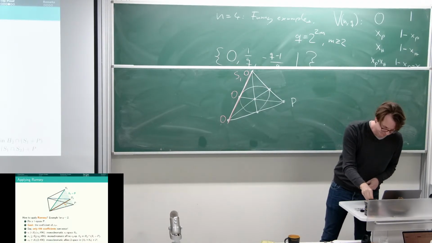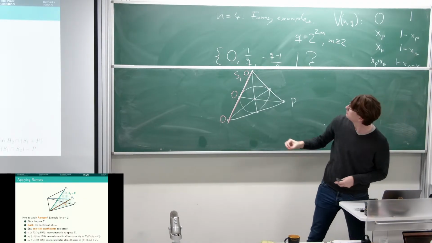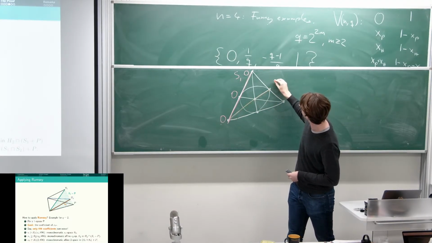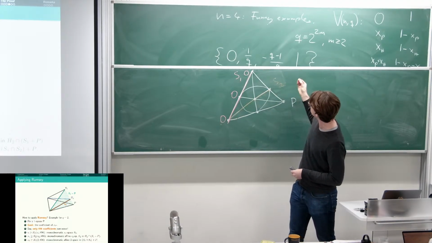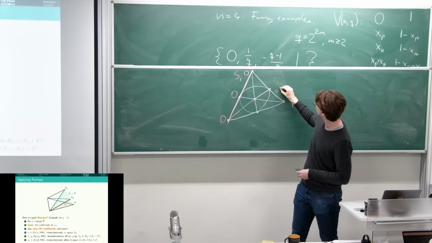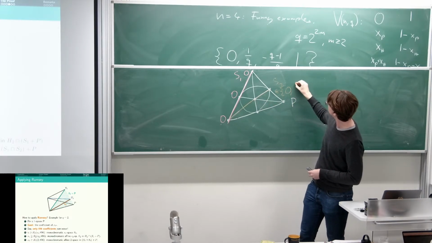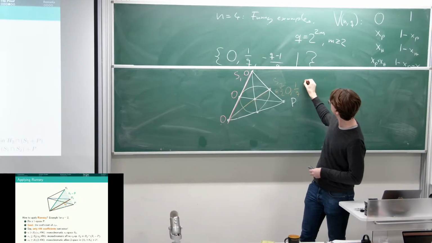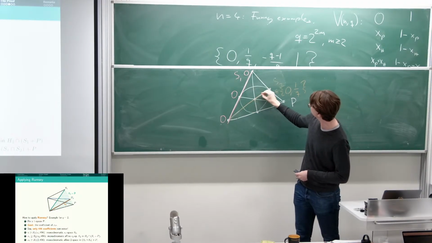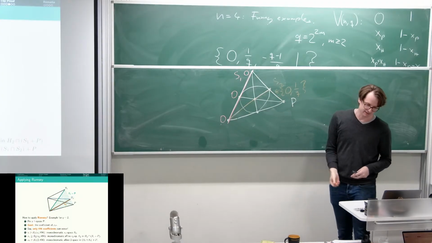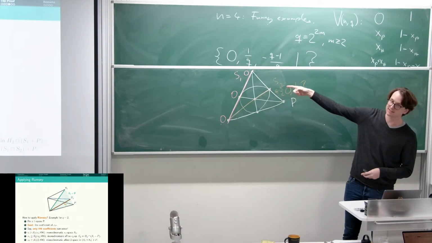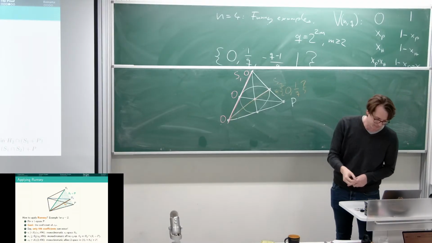Then we have S2, and everything here will be 0 or 1 over q. Same here. And now we already know 5 of our 7 points of the Fano plane.